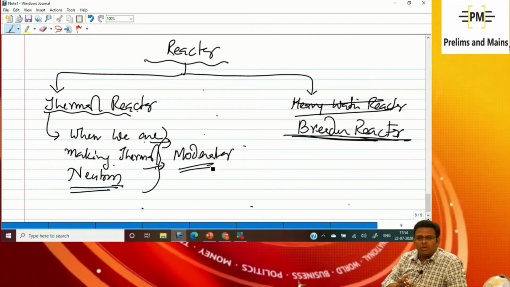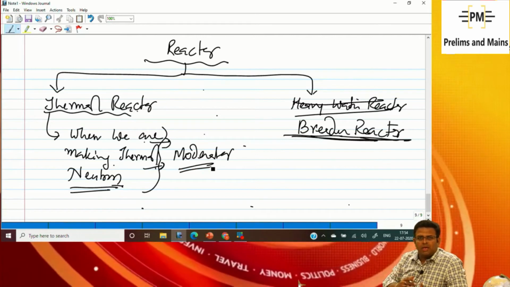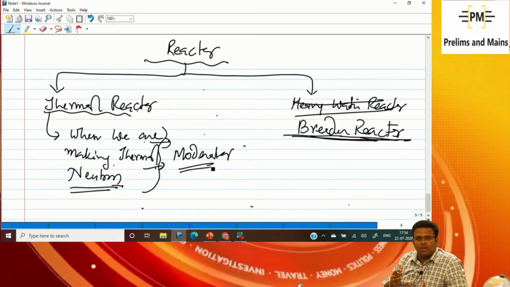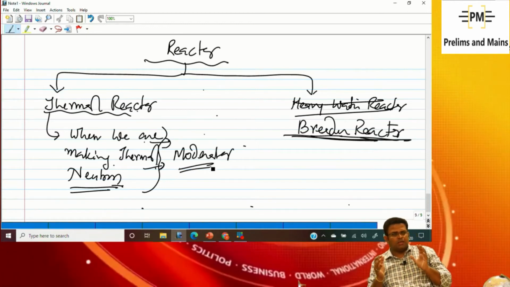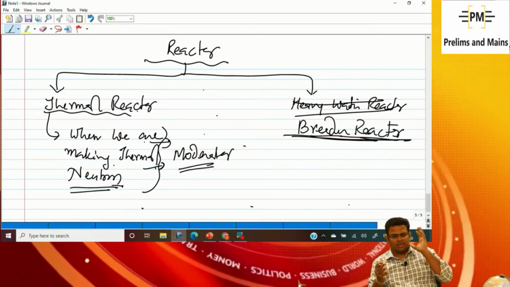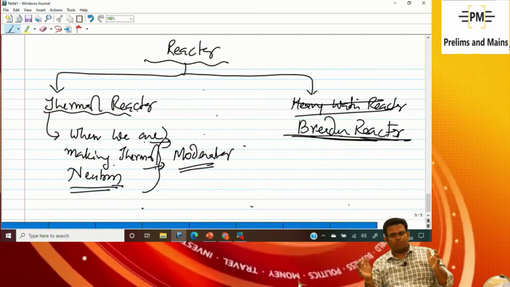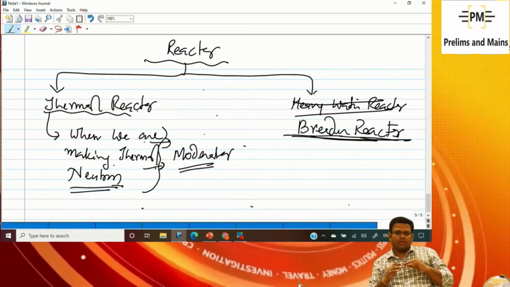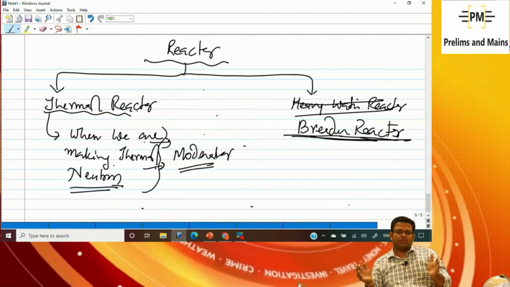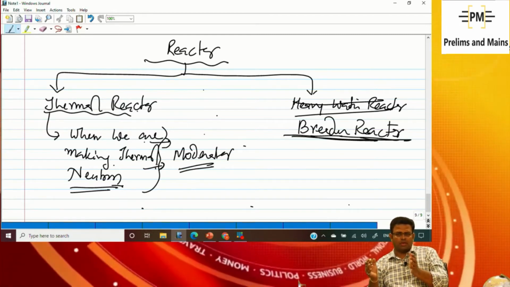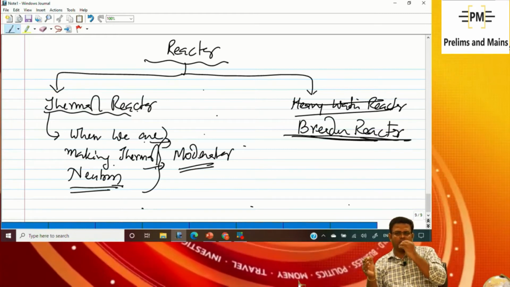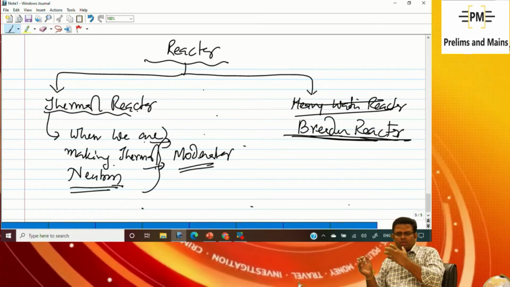And this thermal neutron is absorbed by, tell me, absorbed by what? A thermal reactor means a reactor chamber where uranium is there, and the moderator's job is to reduce the speed of neutrons, and that neutron is absorbed by uranium and disintegrates into barium and krypton and all.